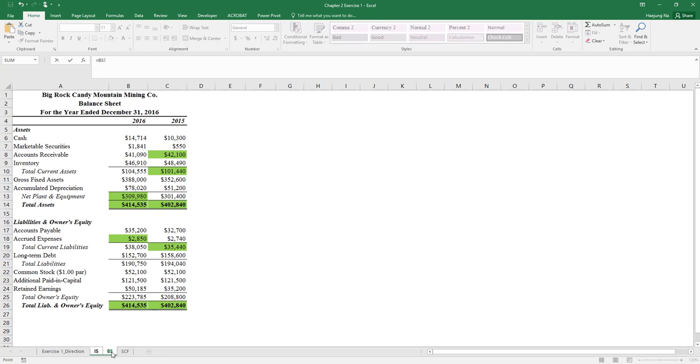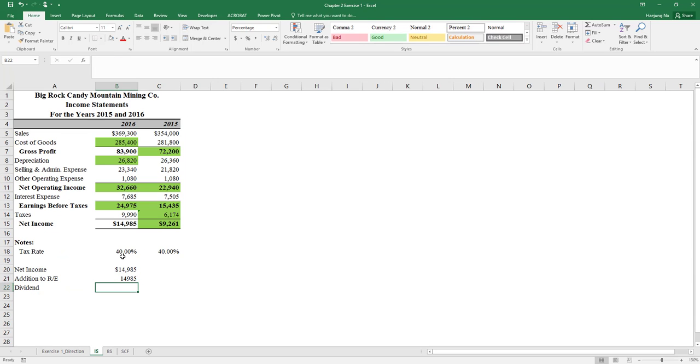That would be the ending value of retained earnings minus the beginning value of retained earnings, right? So retained earnings for 2016 minus retained earnings for 2015 will be equal to addition to retained earnings.